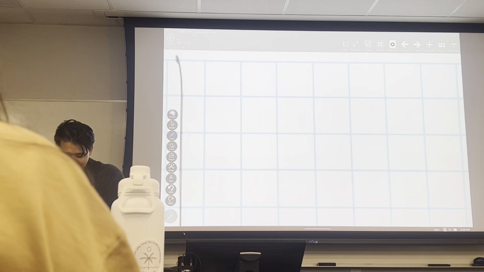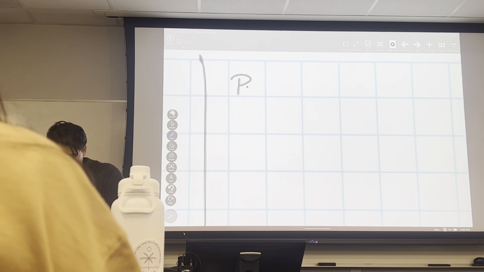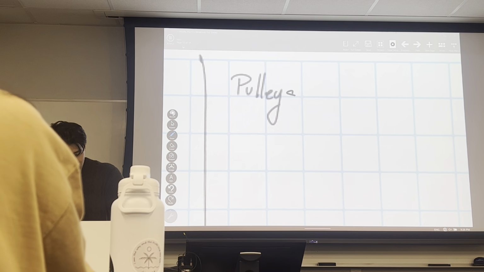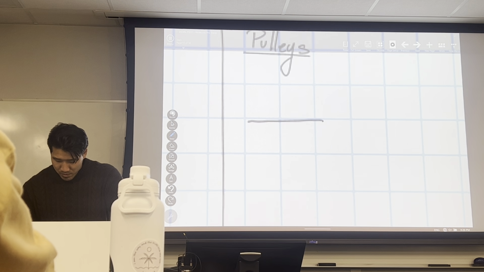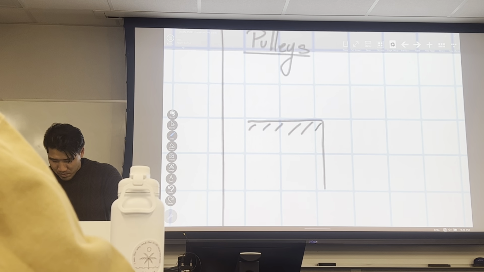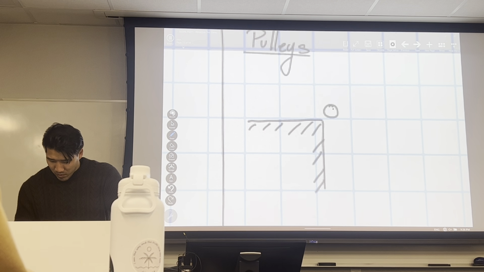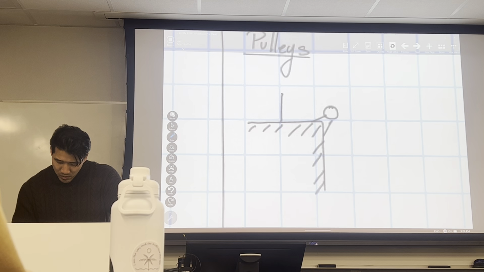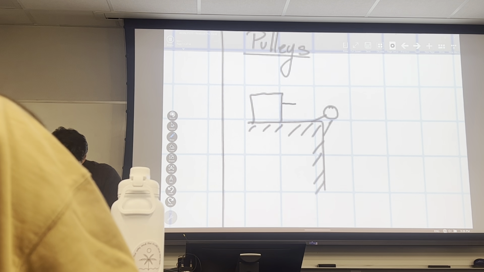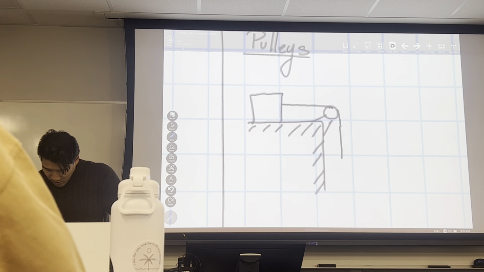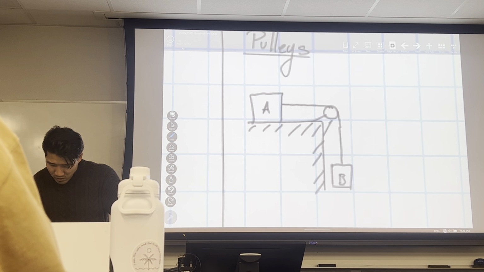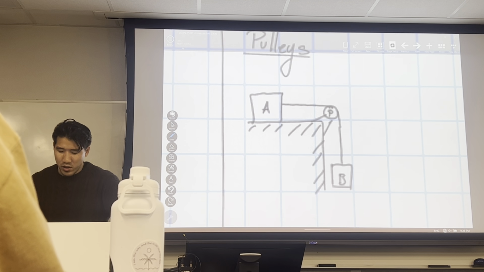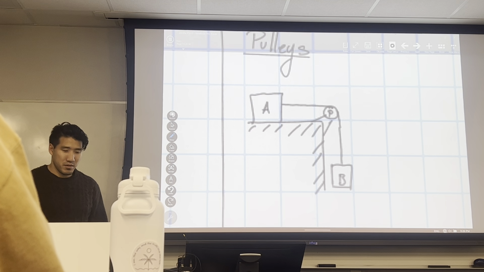Another one, which we briefly discussed, was this idea of pulleys. Pulleys. So pulleys look like this. We'll put a P for a pulley.